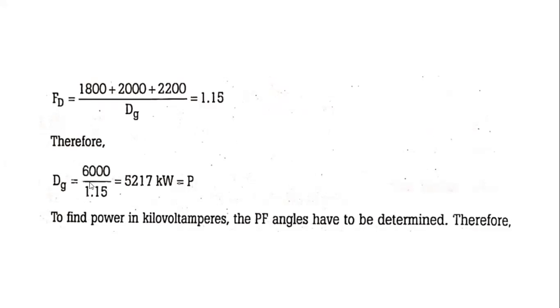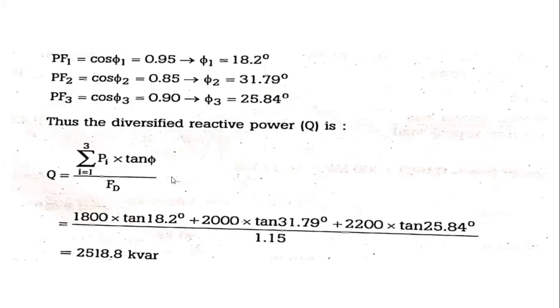What is the total kilowatts? That is 1800 plus 2000 plus 2200 by diversity factor. That is the active power P value, 5217 kilowatts.